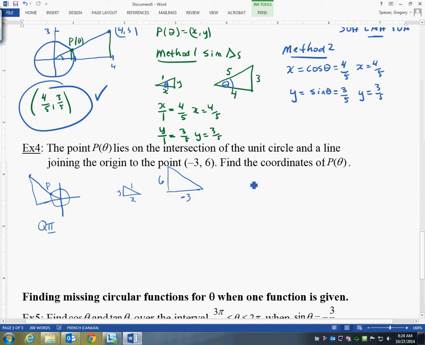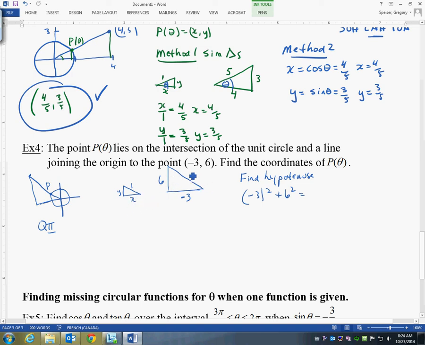The other piece is, remember, we're going to have to find the hypotenuse. In the previous question, it was easy. It was a 3, 4, 5 triangle. In this case, it's not. It's a -3 and a 6. I'm not going to say x squared because we'd get confused with the x we're trying to find.